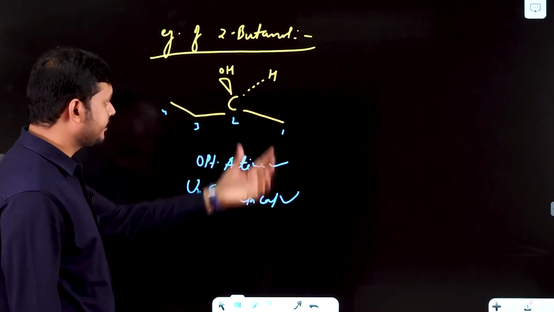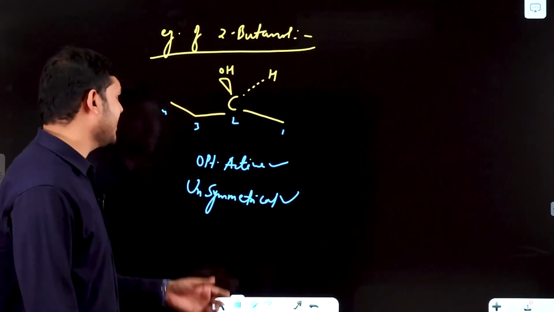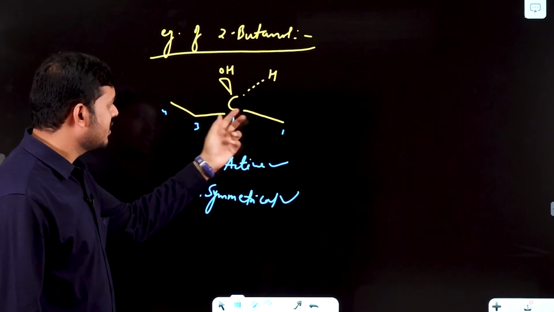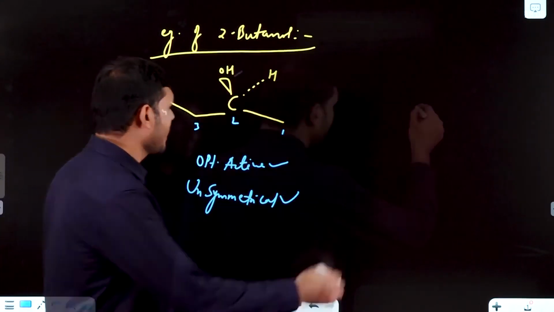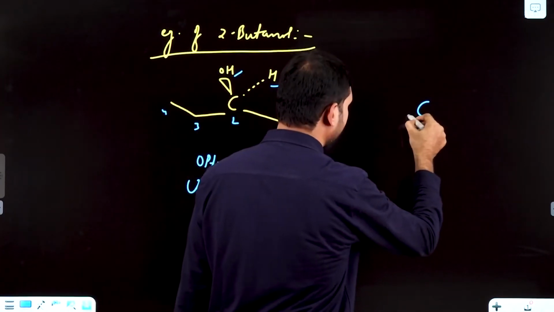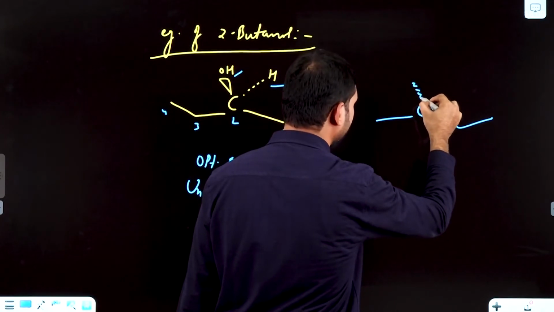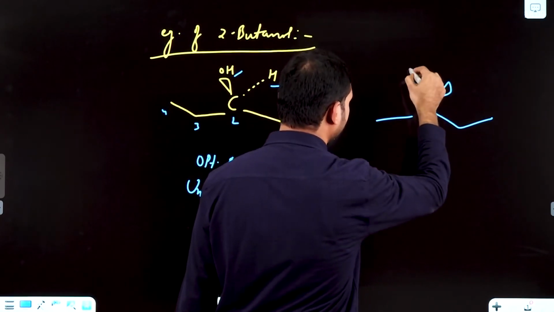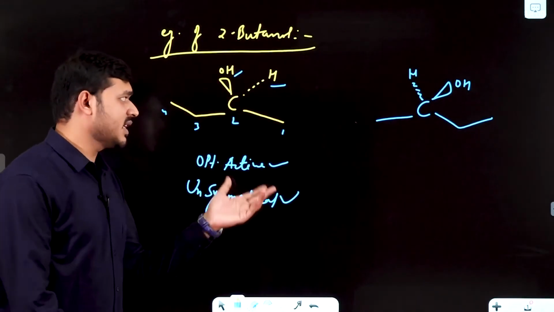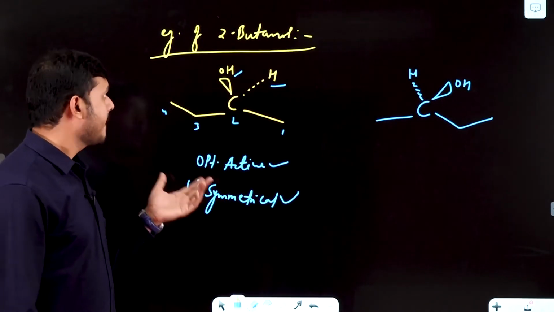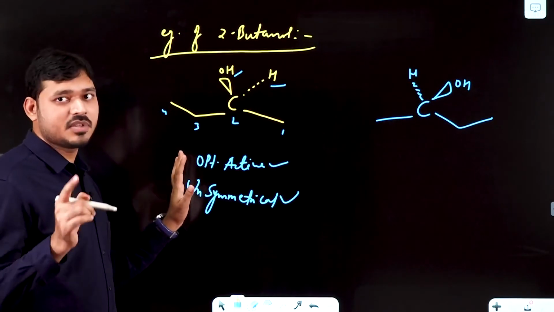Now what will be its mirror image? In general terms, if I say that this is this methyl this side, this ethyl this side, this hydrogen and OH. Now if you see the two possibilities of this 2-butanol, then their properties will be different in terms of biological properties.